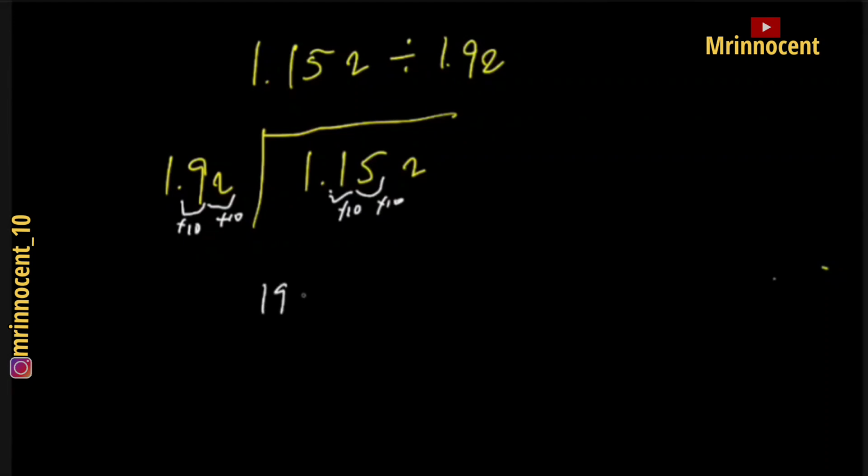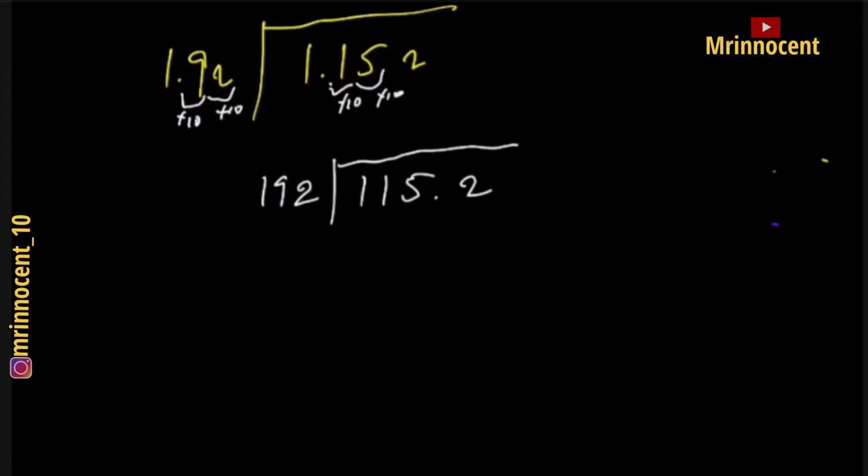So you have 192 and 115.2. So 192 divided by 115 is 0. 0 times 192 is 0.